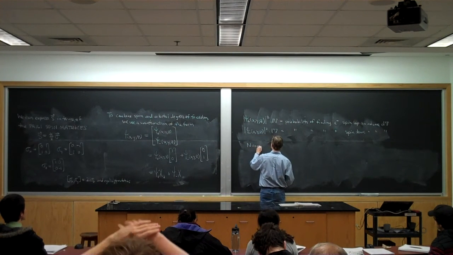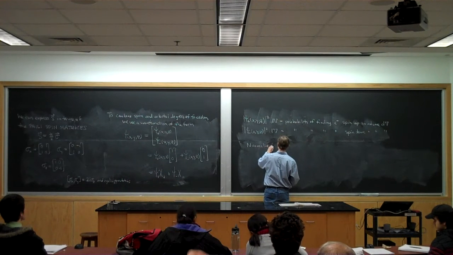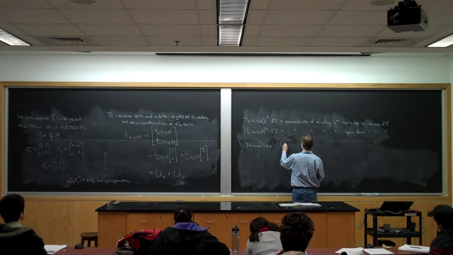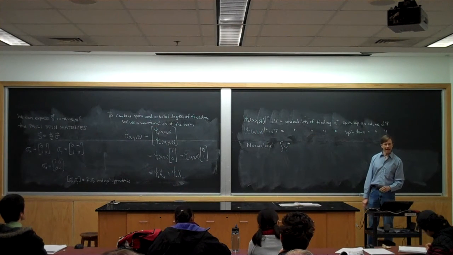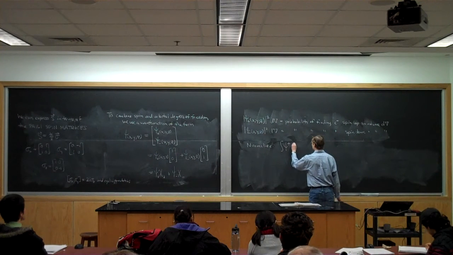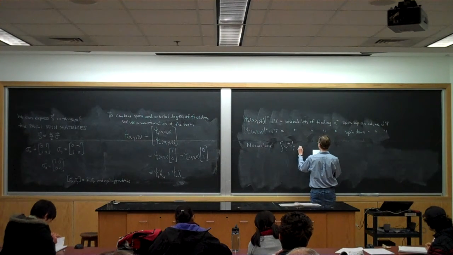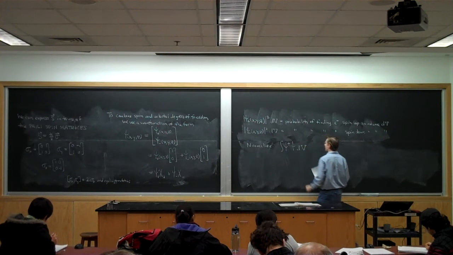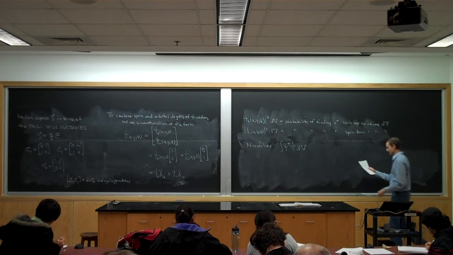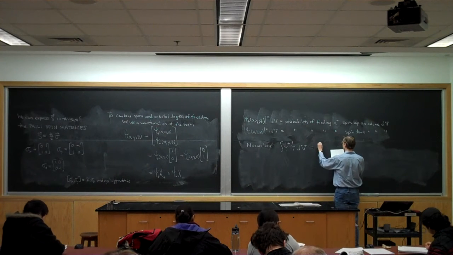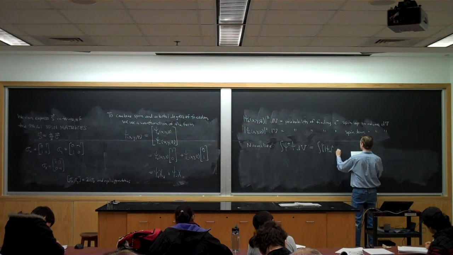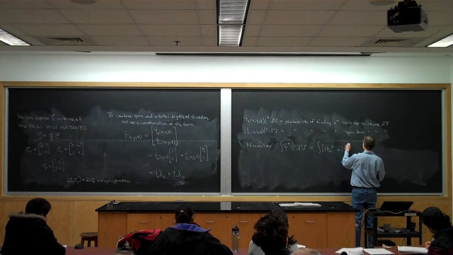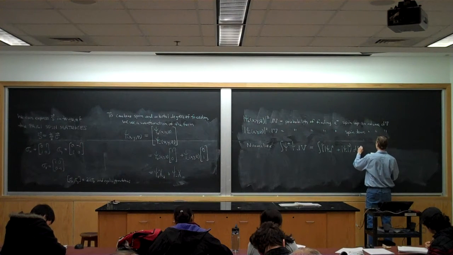And then if we want to normalize, what we want to construct is, instead of psi star psi, psi dagger psi. Psi dagger psi dV is the absolute square of psi plus plus the absolute square of psi minus, times dV.